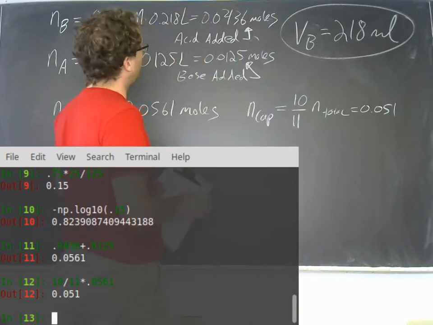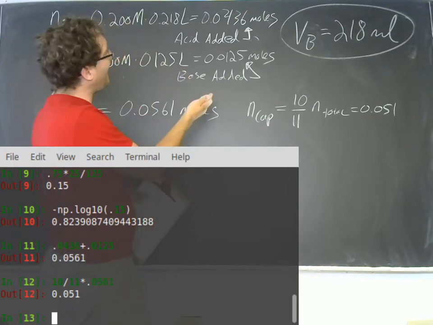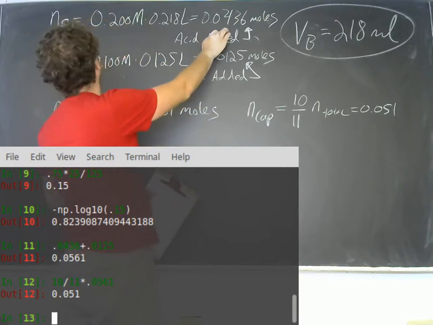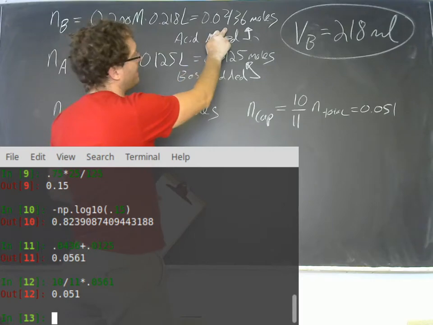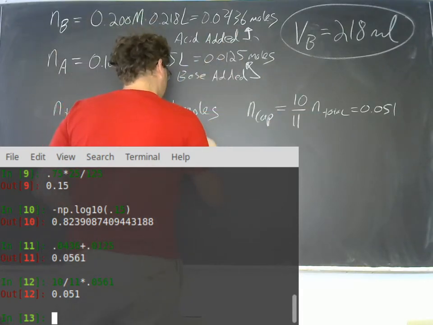So how many moles of base can I add before my amount of conjugate base reaches 0.051?